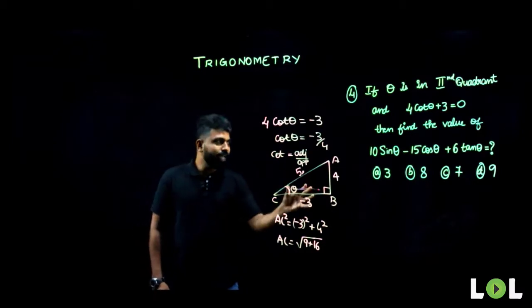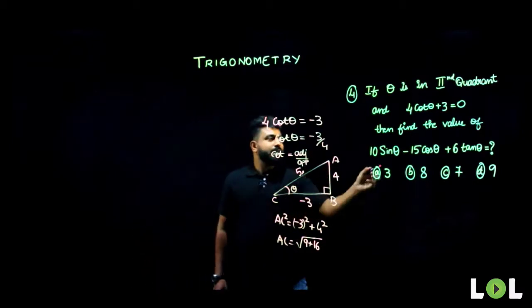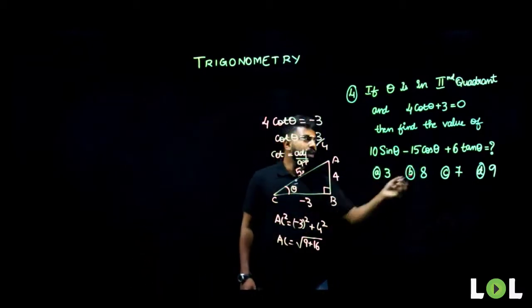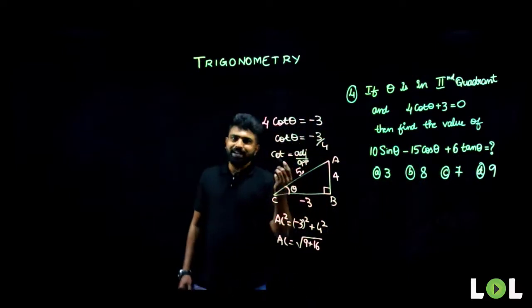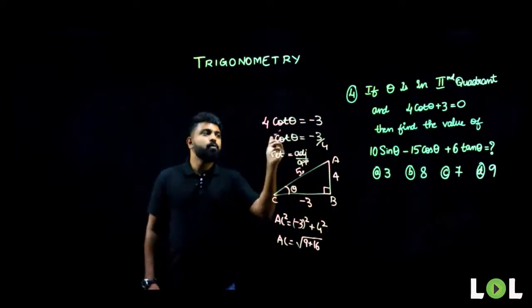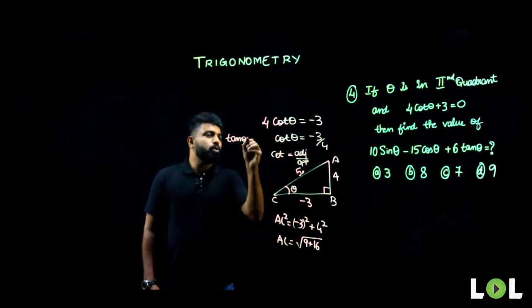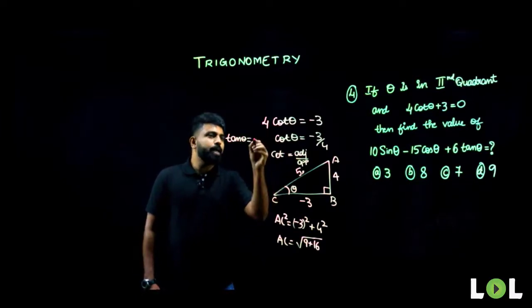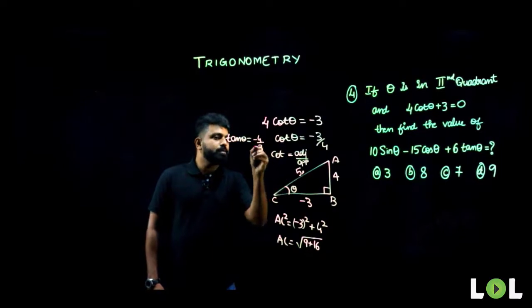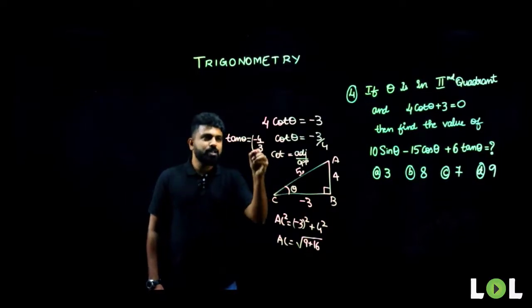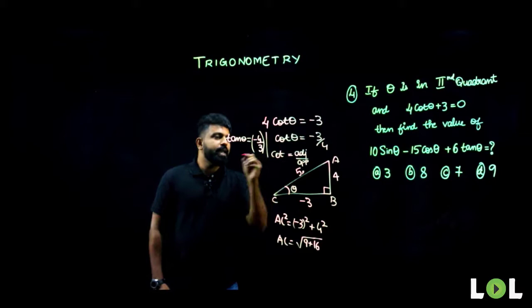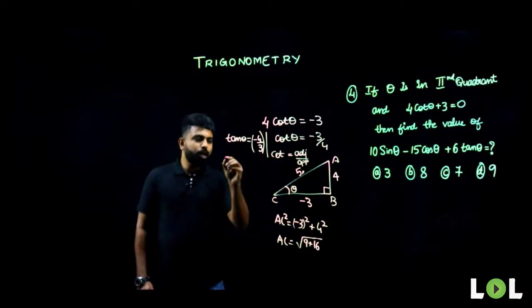So using this, let me find out my sin theta and cos theta. We already know the value of tan theta. What is tan theta? Tan theta is nothing but the inverse of cot theta. So the value of tan theta will be equal to 1 by cot theta, meaning it will be minus 4 by 3. Am I right? So tan theta will be minus 4 by 3. So what will be the value of sin theta?